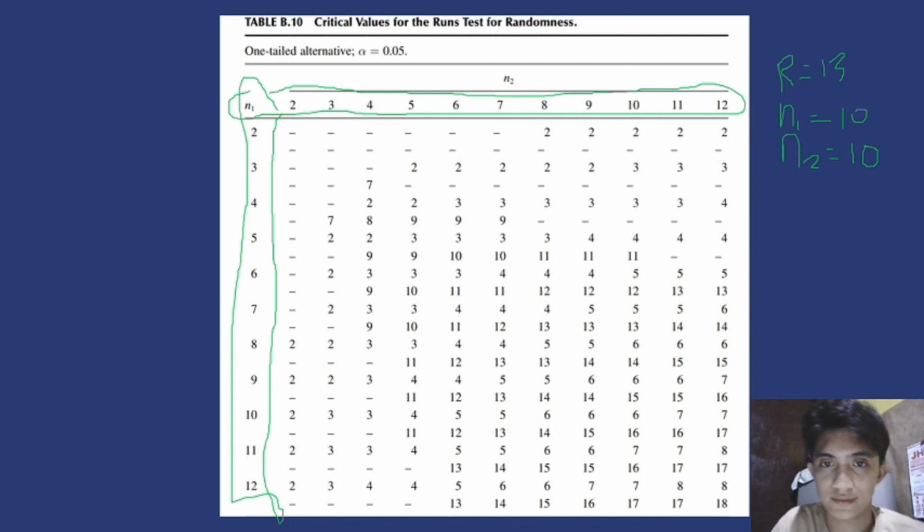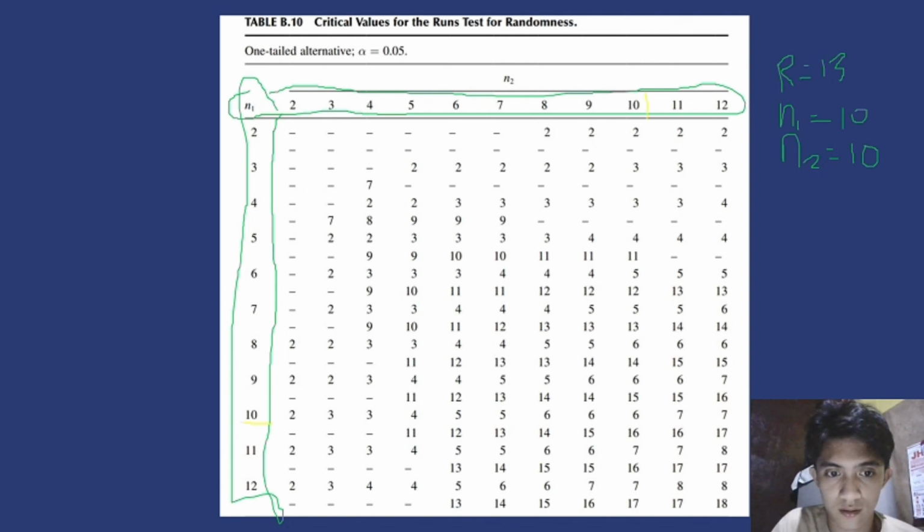So, let's identify if the series of events is random or not by using this table. Again, our n1 is 10, right? So, this is the n1, this is the 10. And the n2 is also 10.